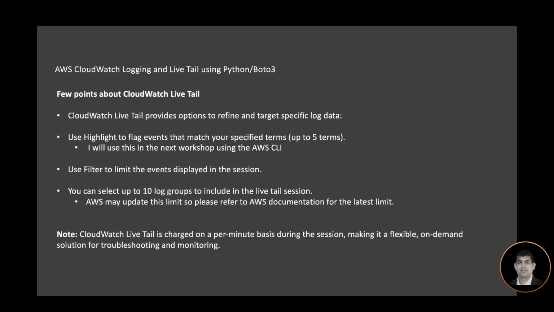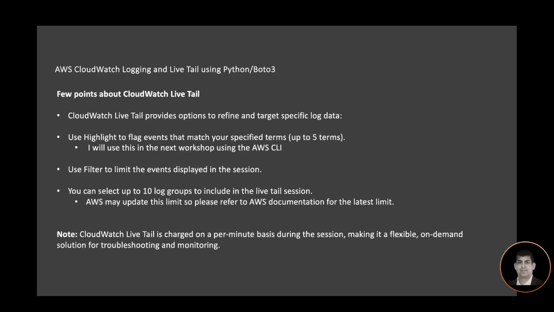So here are a few points about CloudWatch live tail. It provides the option to refine and target specific log data. We can also use highlight to flag events that match your specified terms, up to 5 terms. I'm not using that feature right now. I will use that in the next workshop using the AWS CLI. We'll use a filter to limit the events displayed in the session.